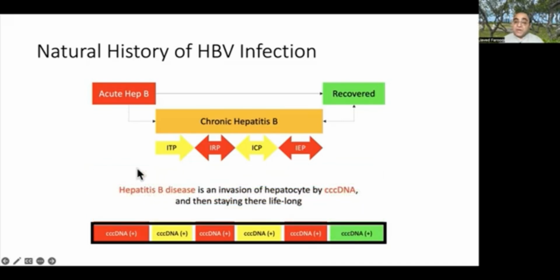So I can define hepatitis B as an invasion of hepatocytes by cccDNA and then staying there lifelong. So this will be my definition, and this is a basic important definition to understand the nature of this disease, because unless you are aware of it and you agree to this, that hepatitis B disease is an invasion of hepatocytes by cccDNA, a lifelong infection.